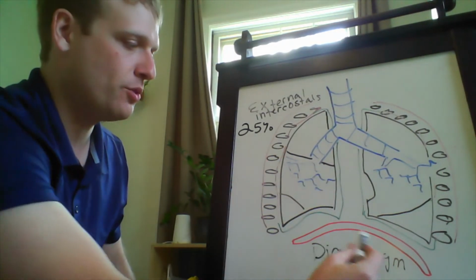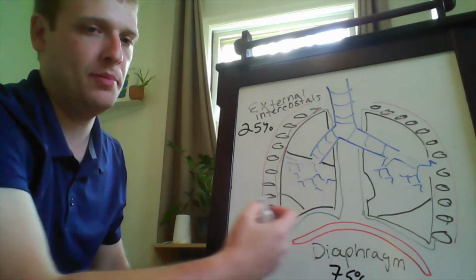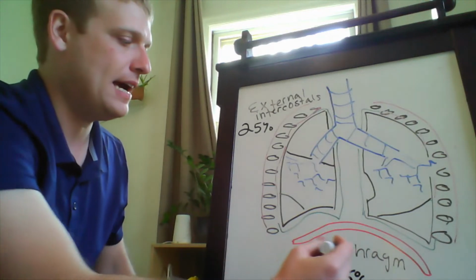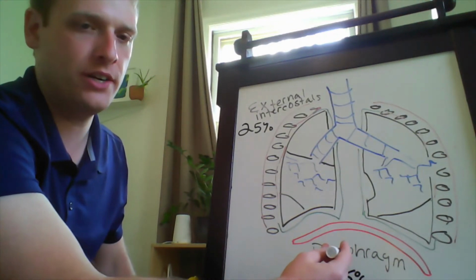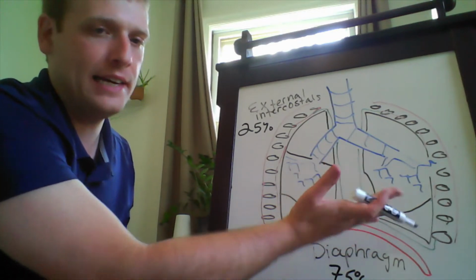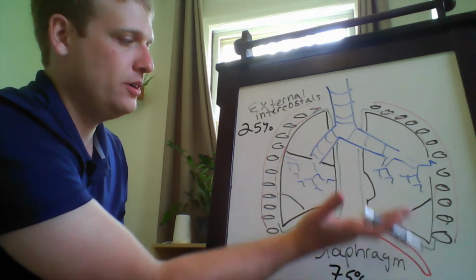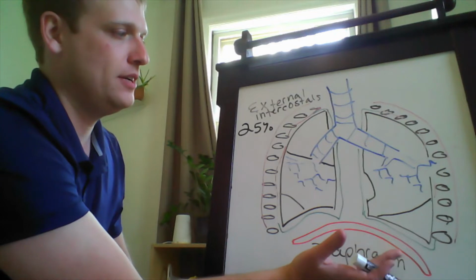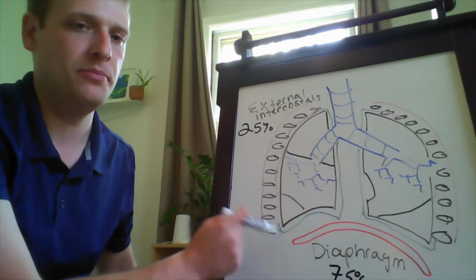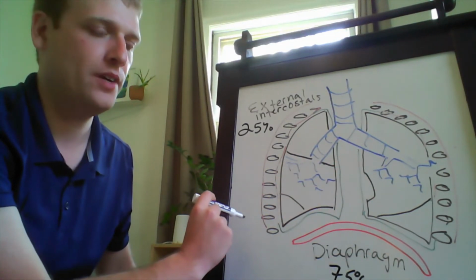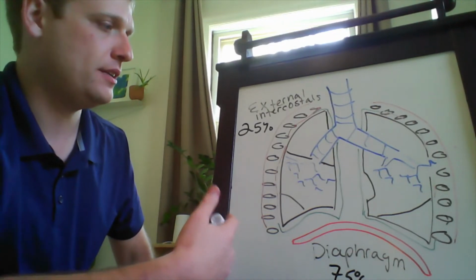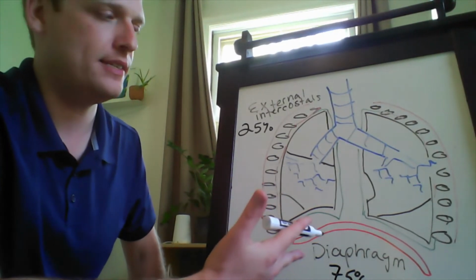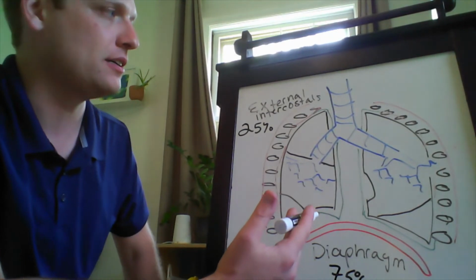The diaphragm normally has this curved shape when it's relaxed, and as it contracts, it's going to flatten out, and that's going to pull the lungs down and expand the volume of the thoracic cavity.